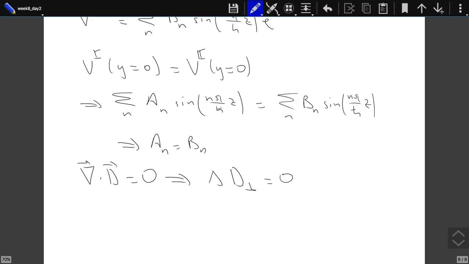But this tells me that epsilon 1 times E1 perp should be equal to epsilon 2 times E2 perp.